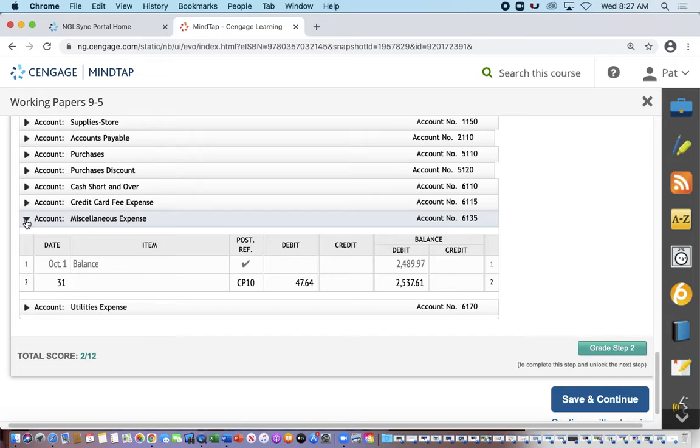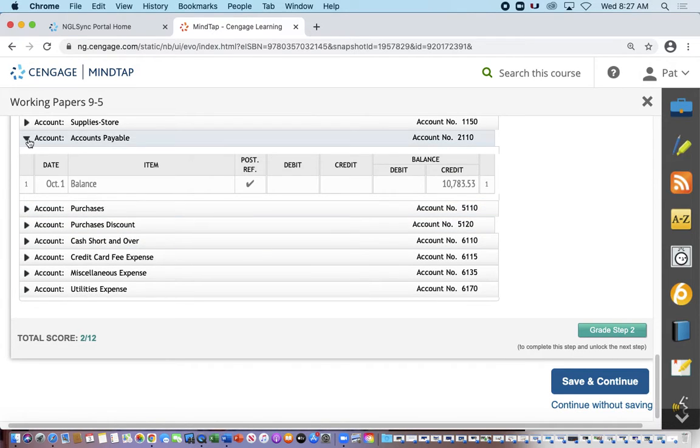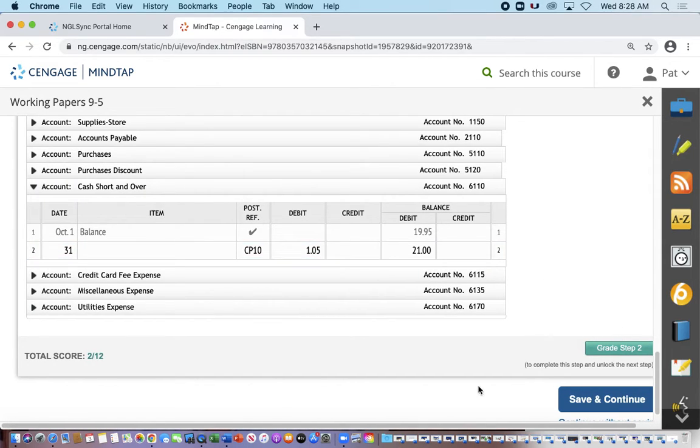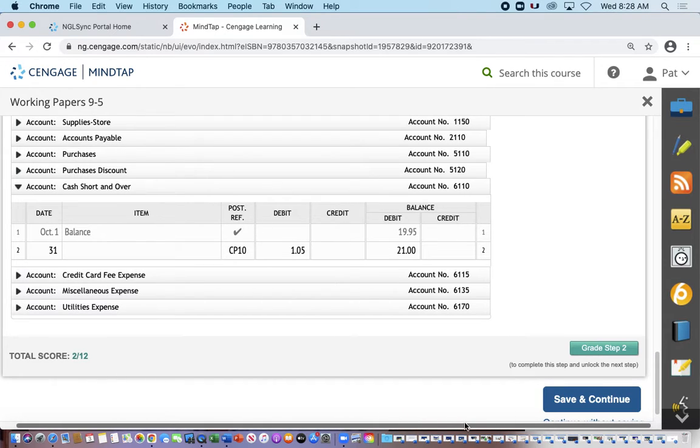Cash short and over. You click on the right one, Pat. All right, 31. CP10. And we had a cash short and over of $1.05 debit. I talked to our manager. 21 bucks, right?